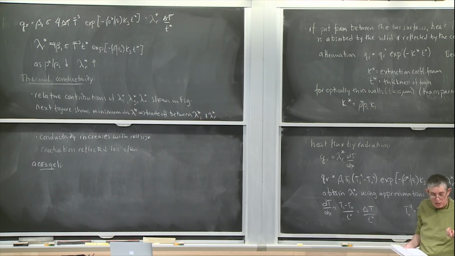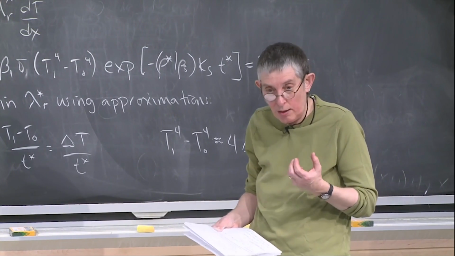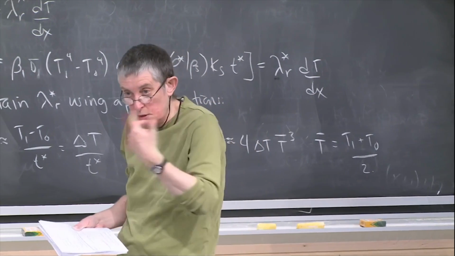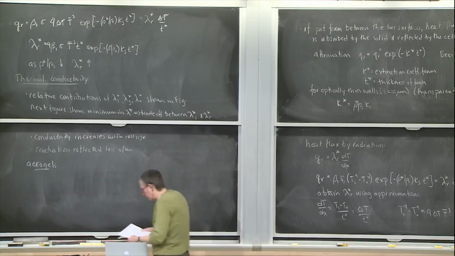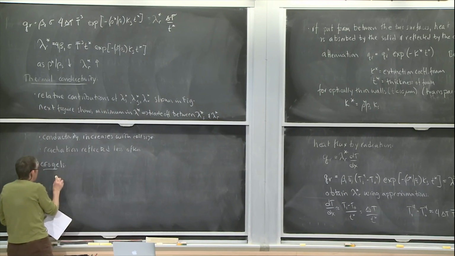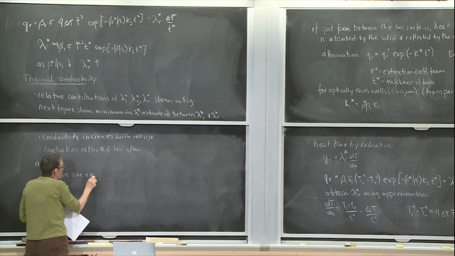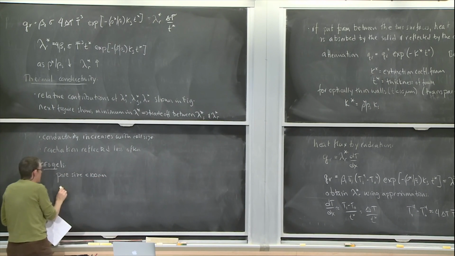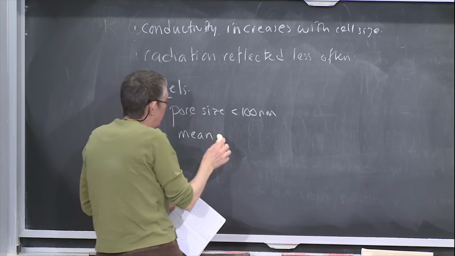If your pore size is less than the mean free path, that reduces the thermal conductivity. It reduces the ability of the atoms to pass the heat along between one another. So aerogels work by having a very small pore size, and what's important is how big the pores are relative to the mean free path of air.